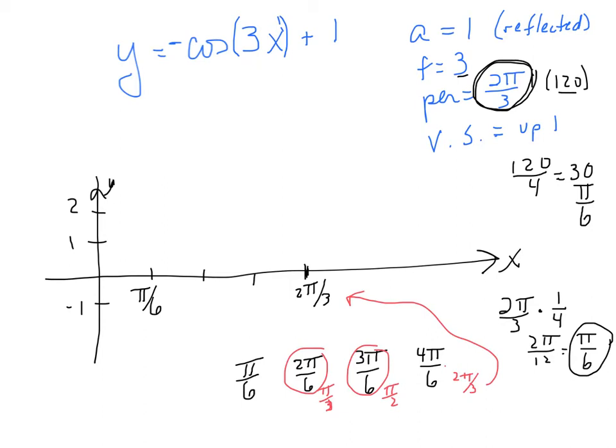So here will be pi over 3 and then pi over 2. Now I could have done the same thing here with my 30 and said this will be my 30, my 60, my 90, and my 120. And then I could have converted each of those degrees into its radian measure.